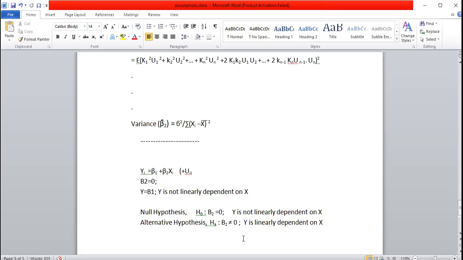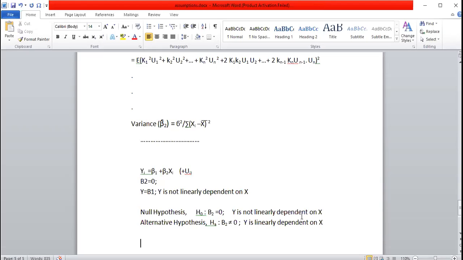So what do you do? You want to know the truth about the population parameter, so you use the sample evidence, like the sample mean: sample statistics, sample estimators. These are all coming from the sample. So what is the estimator of beta 2? Beta 2 hat.